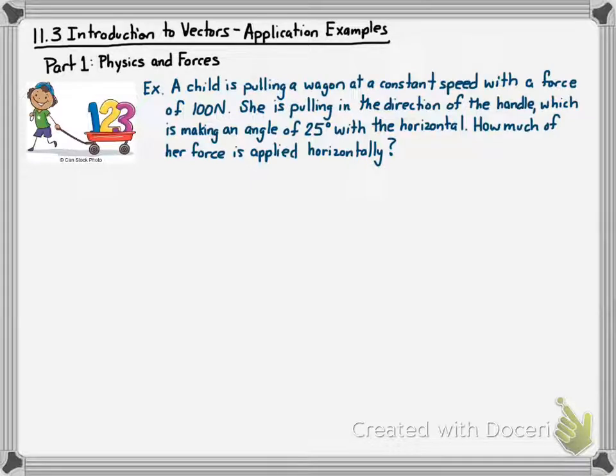Okay, so I have a cartoon up there, but I'm going to go ahead and draw a separate picture here of this wagon. So here is our wagon, and this wagon has wheels, and this wagon has a handle, and that handle is creating an angle of 25 degrees with the horizontal.